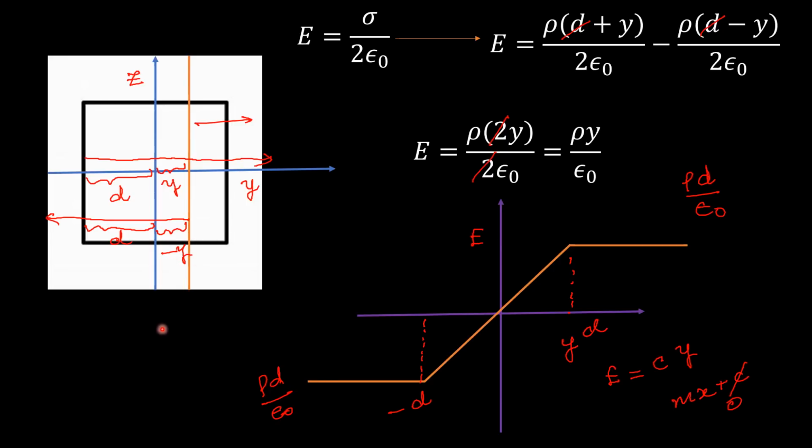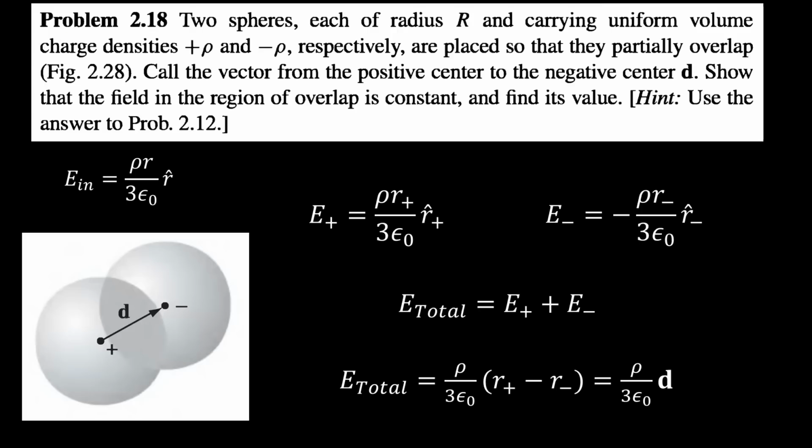So now we have solved problem 2.17. Now we will move on to 2.18. Now we will solve problem 2.18. Problem 2.18 is two spheres, each of radius R and carrying uniform volume charge density plus rho and minus rho respectively, are placed so that they partially overlap as shown in the figure.